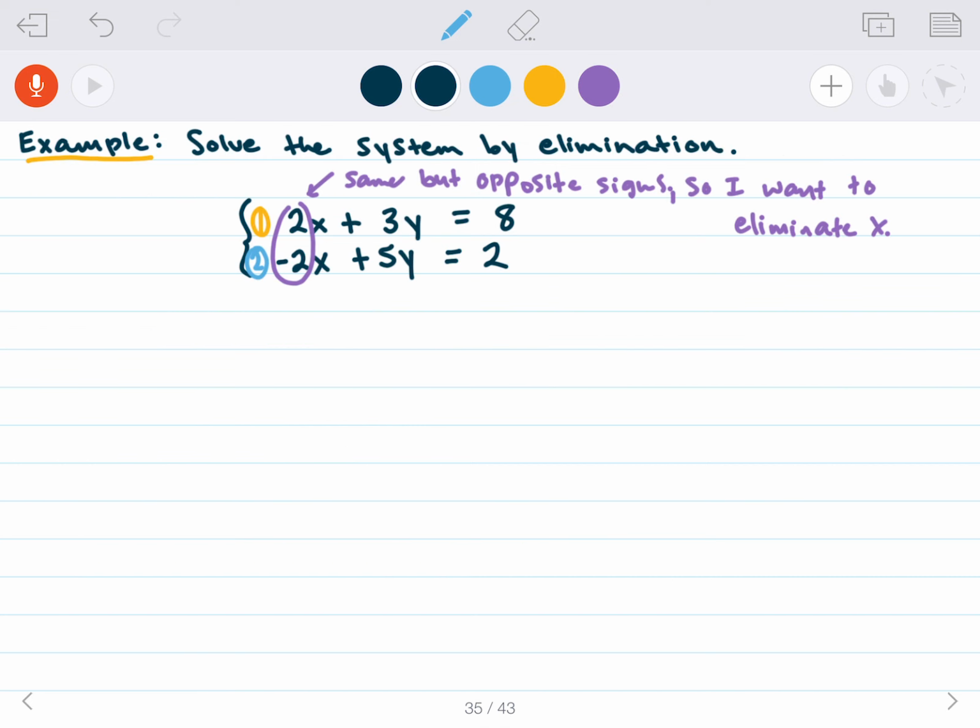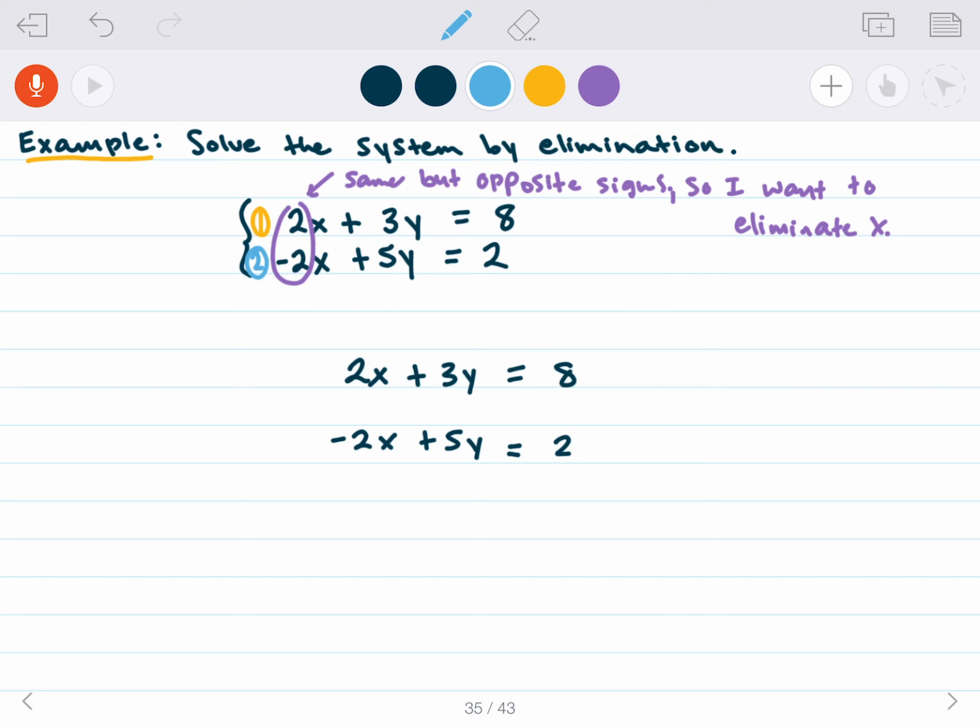I want to show you how to do this, and I really want you to understand why we're doing this, because I remember learning this years ago and thinking, what are we doing here? Is this a magic trick? No, we're just doing algebra and keeping everything balanced.